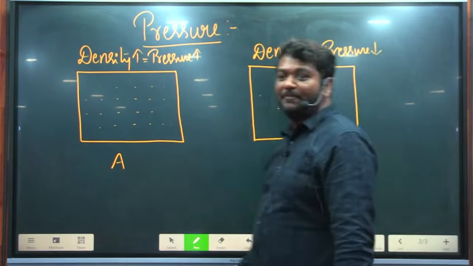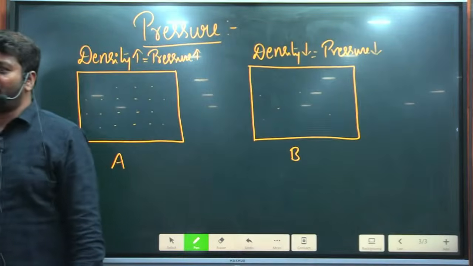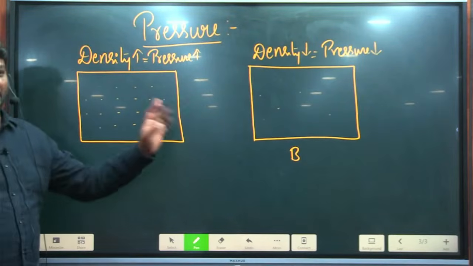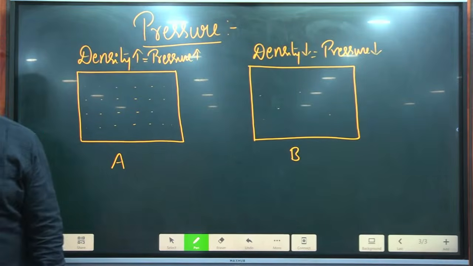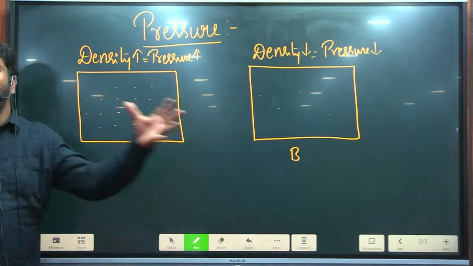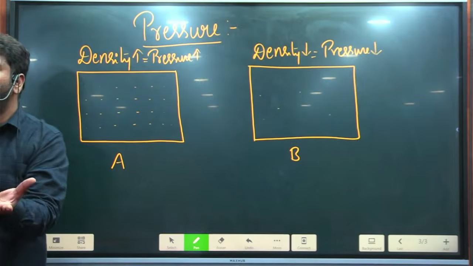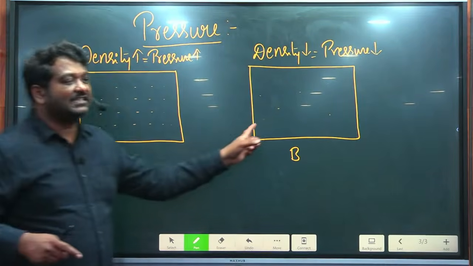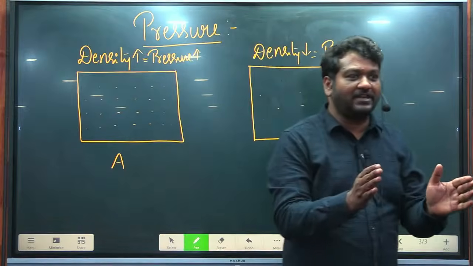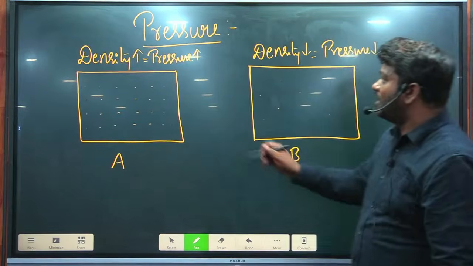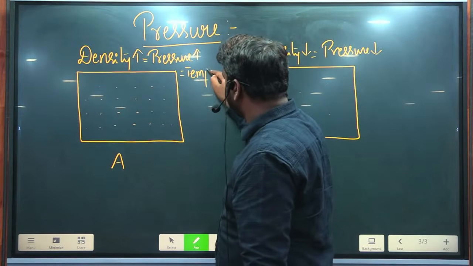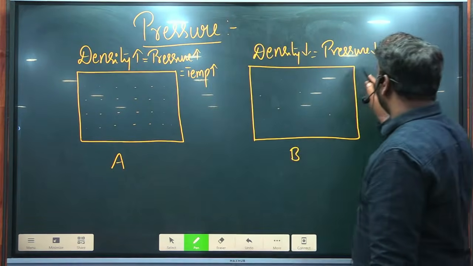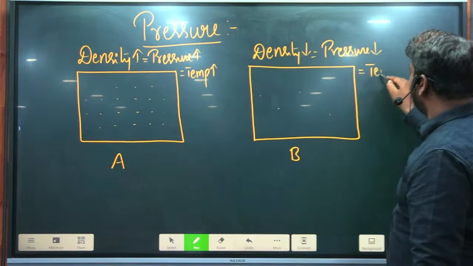Can you tell me temperature? What will happen to temperature? A and B. Which one will have high temperature? Which one will have low temperature? So can I say more number of people means temperature increases. Less number of people means temperature decreases. Now you tell pressure increased. That means what is going to increase? Temperature increases. Here also what is going to happen?